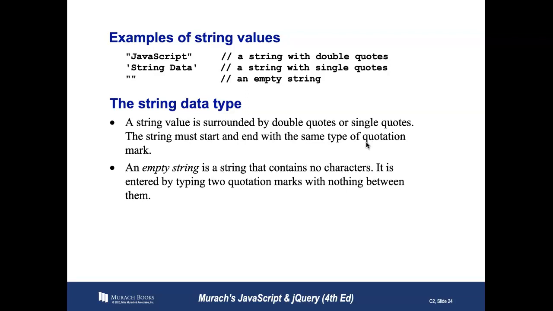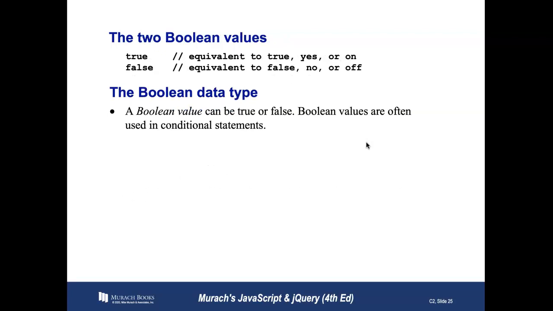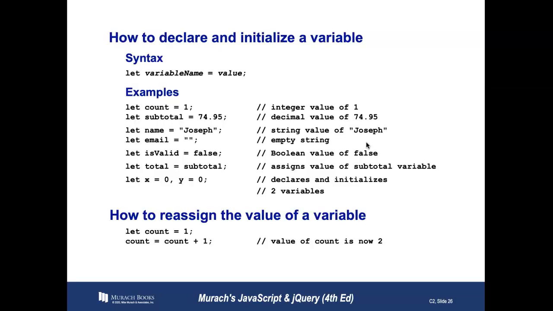An empty string is a string that contains no characters. So if you just have two quotation marks with nothing between them, not even a space, then it's an empty string. There are only two Boolean values, true and false. We often use these in conditional statements. If it's equivalent to true, that's yes or on. False would be no or off.